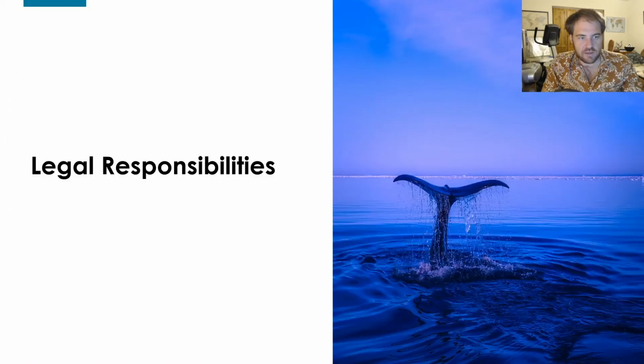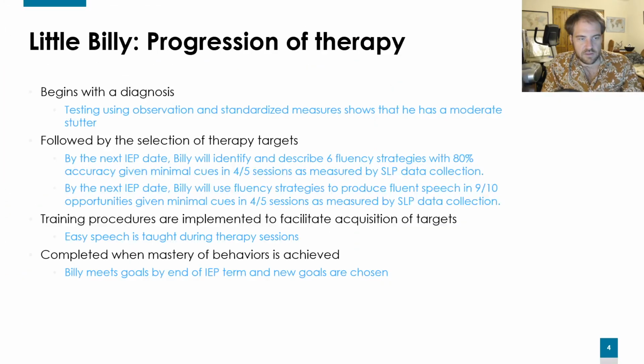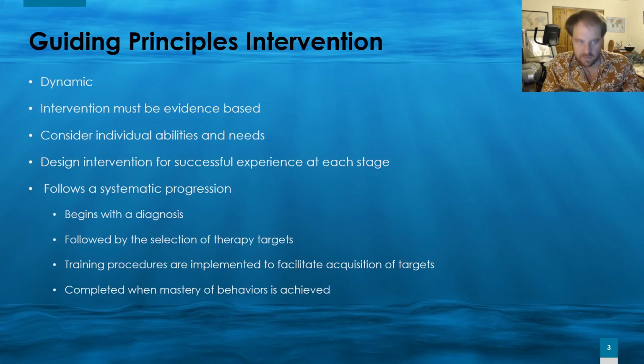Let me jump back. Okay, to right here. So, just to summarize, there's a lot of similarities between research methods and clinical methods. One of the main similarities is the cyclical nature. The other similarity is that you're collecting data all the time.